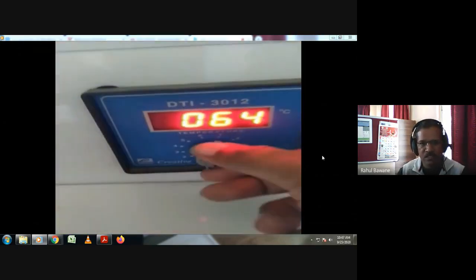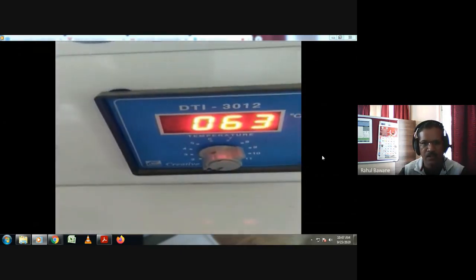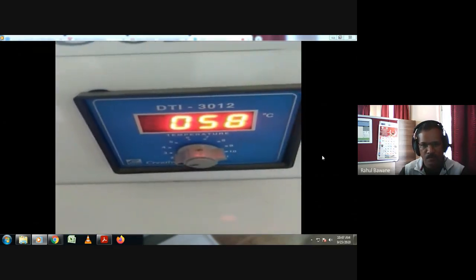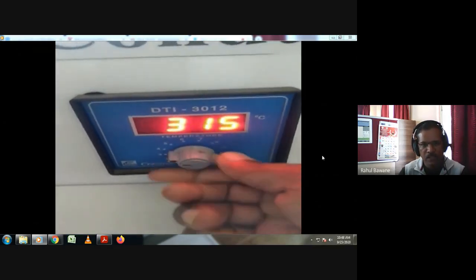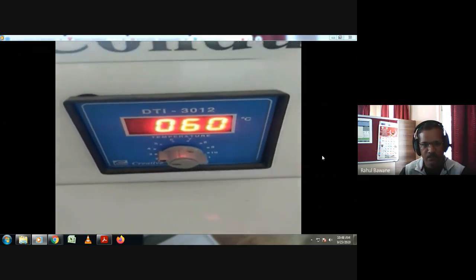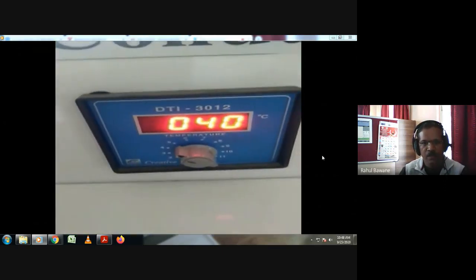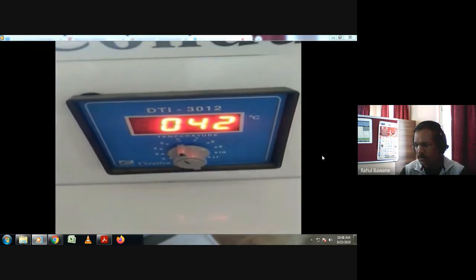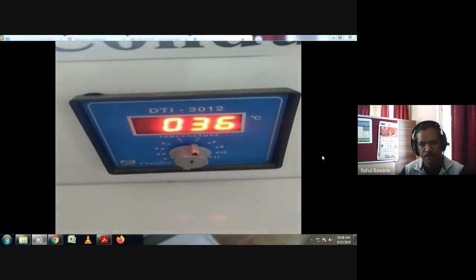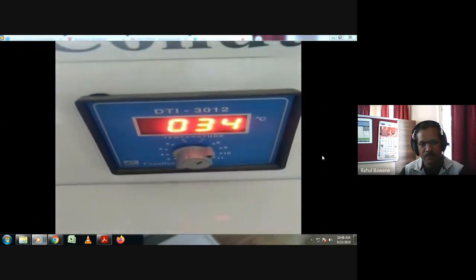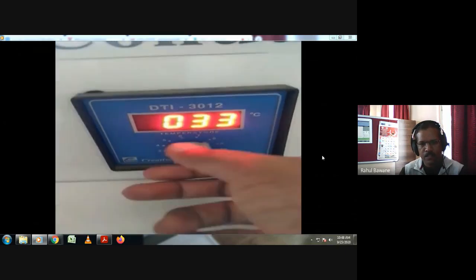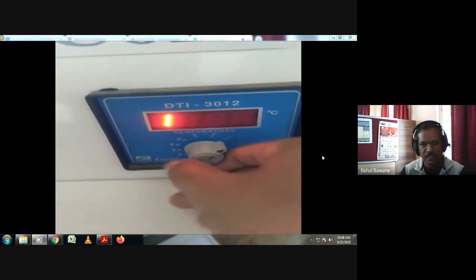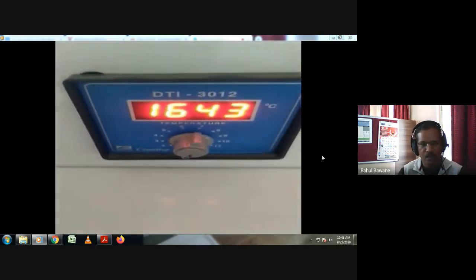This is the first reading after 30 minutes, T1, then T2, then T3, T4, and all these readings we note down as set 1, T5, T6, T7, and T8. There is no thermocouple beyond this, so there will be a dash. So this is our first reading.